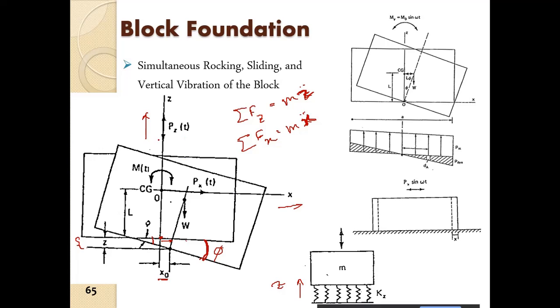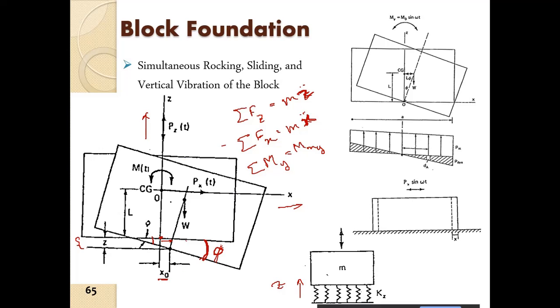Similarly, we will have the rotation about the y-axis, so the summation of the moments about the y-axis. This will be equal to the mass moment of inertia about the y-axis into the angular acceleration.